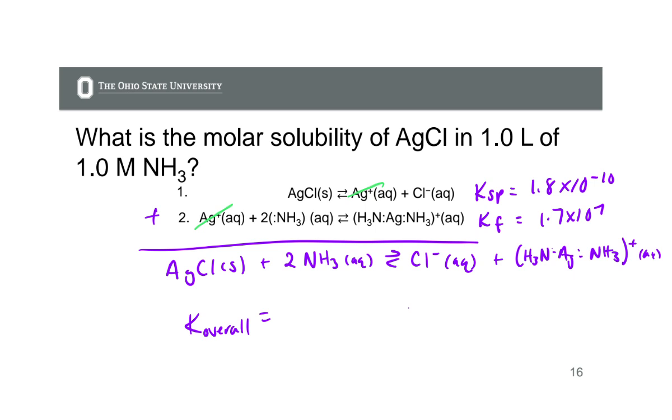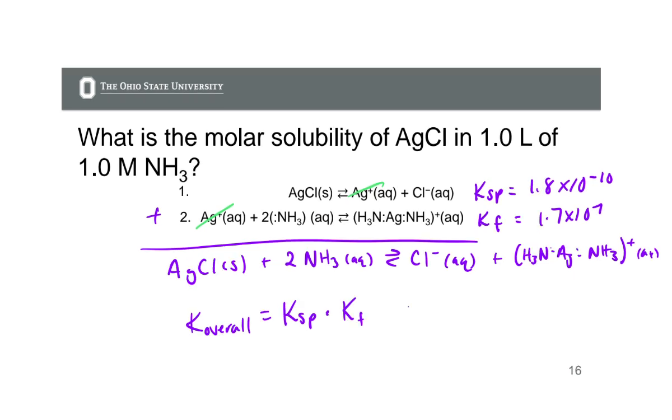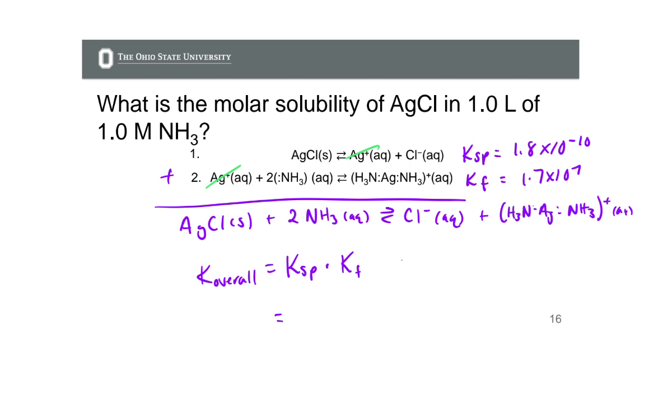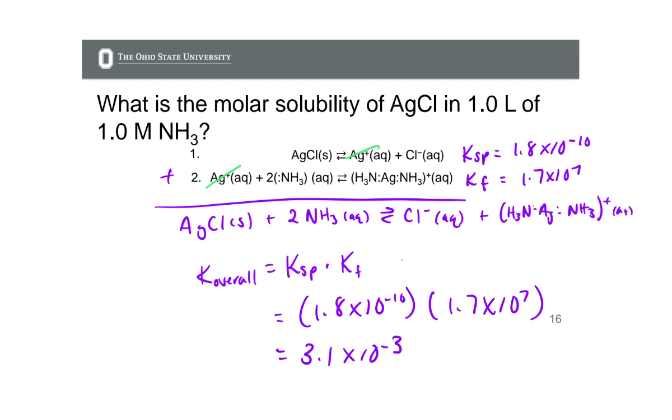Because we've added these two equations, equation 1 and 2, we're going to multiply the Ks for the individual reactions together. So we have Ksp times Kf: 1.8 times 10 to the minus 10 times 1.7 times 10 to the 7th, and we'll get a K value of 3.1 times 10 to the minus 3.